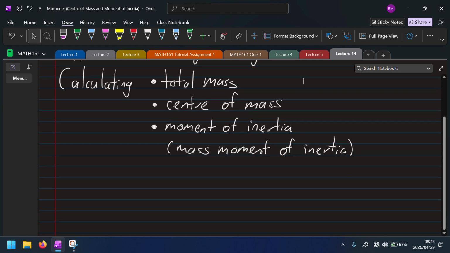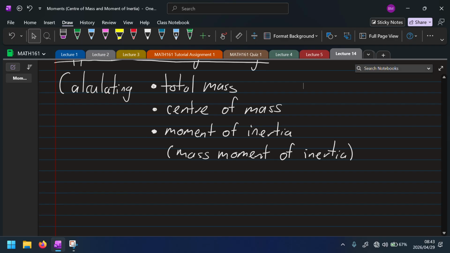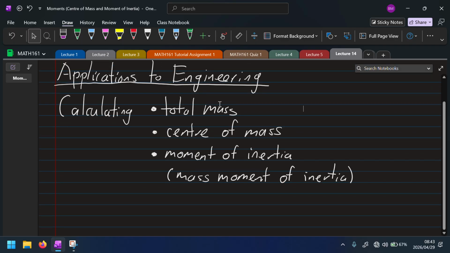Okay. So we're going to start off very generally going over what a moment is. In math, we have this thing called the moments of a function. We'll see that these 3 over here are the 0th moment of a function, the first moment of a function, and the second moment of a function.